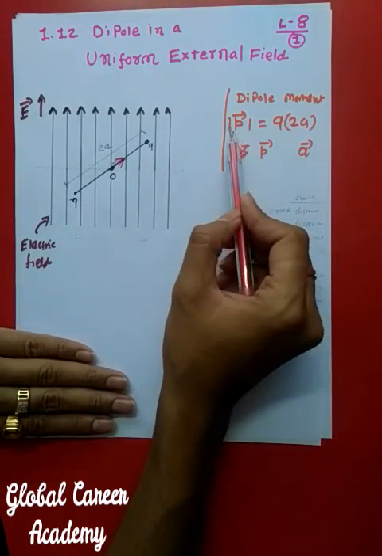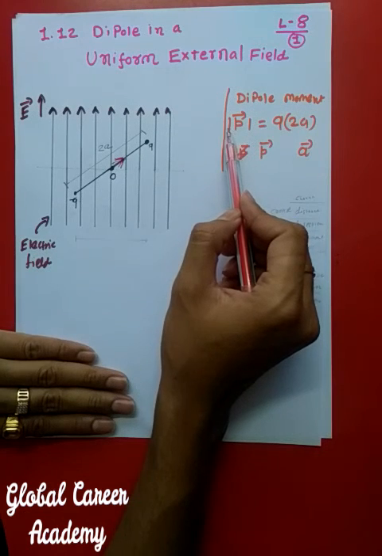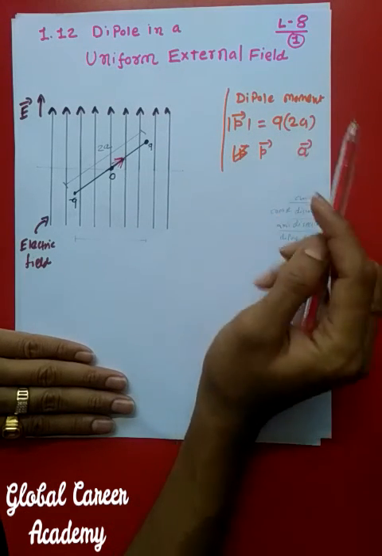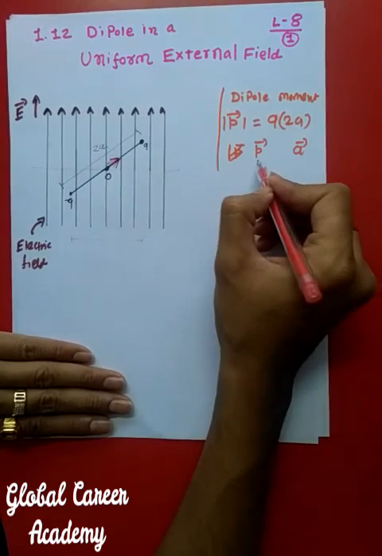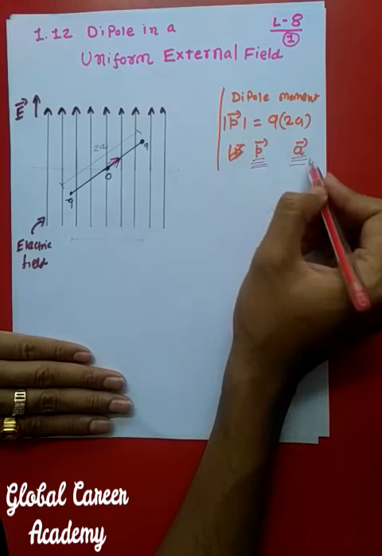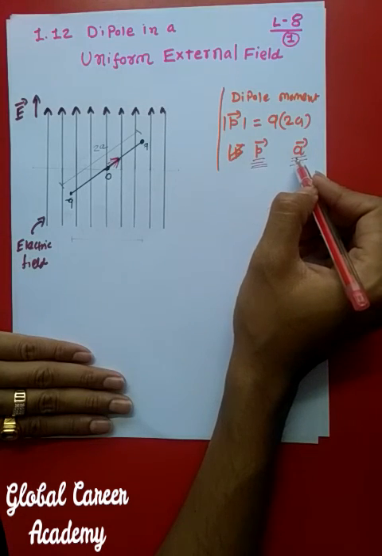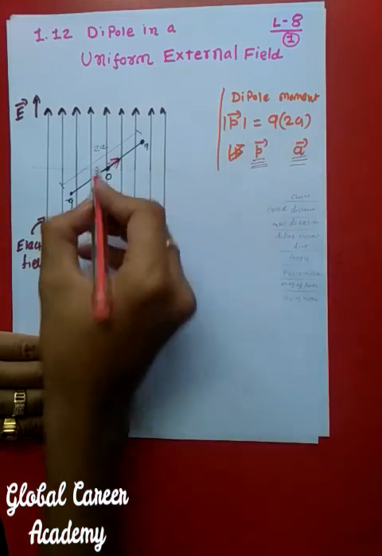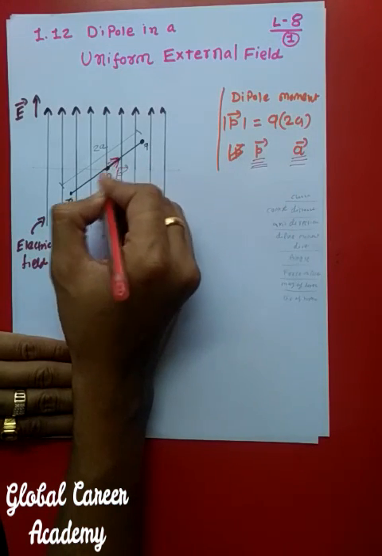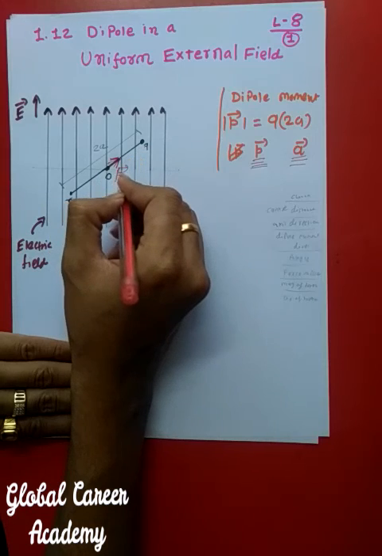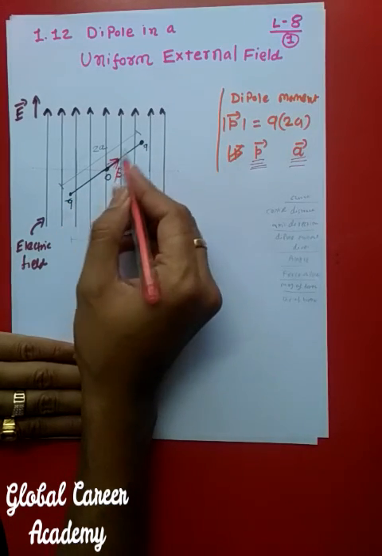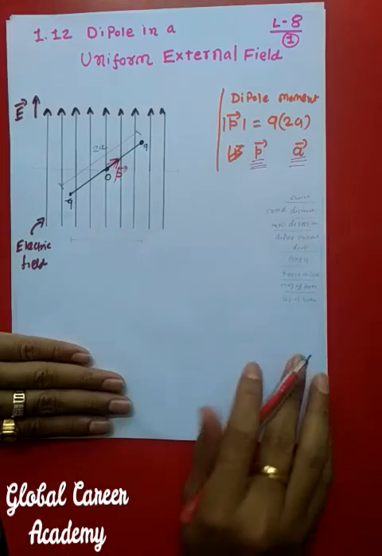The equation for the magnitude of the dipole moment was q into 2a, right? And we also discussed that the direction of the dipole moment is the same as the direction of the dipole, right? So over here I can also write that the dipole moment has the same direction, minus q to q.